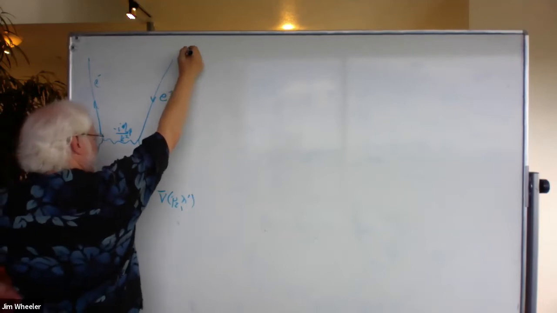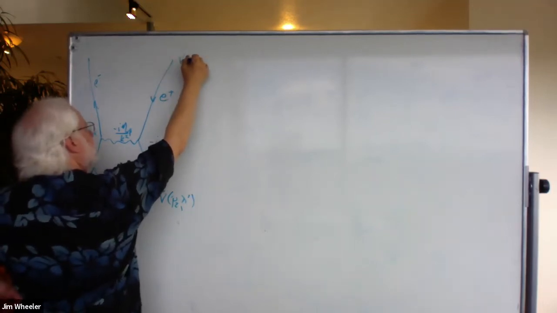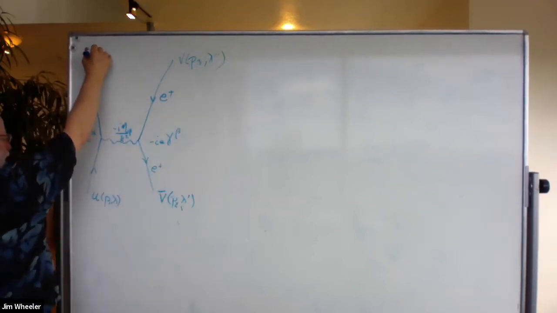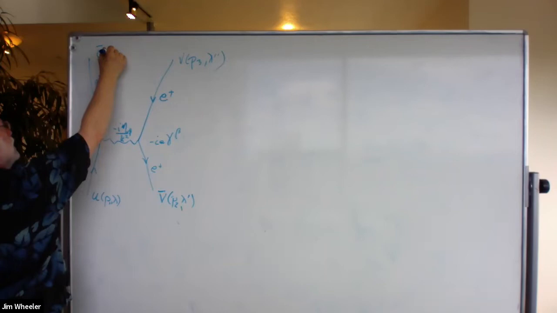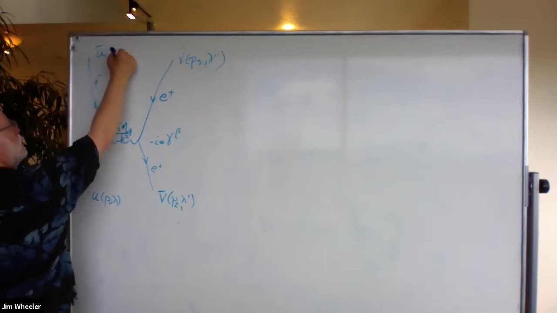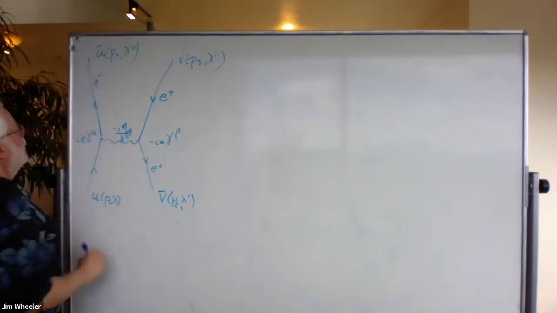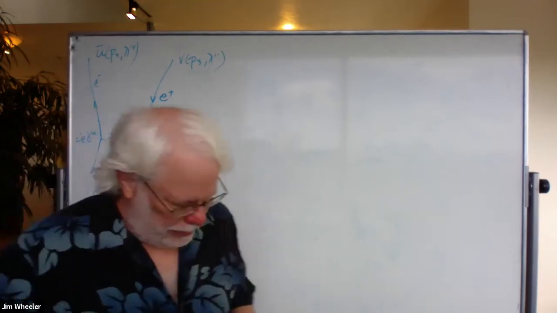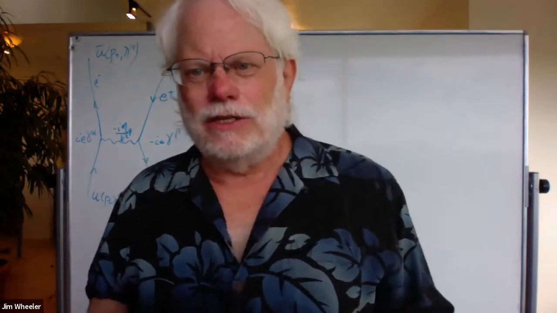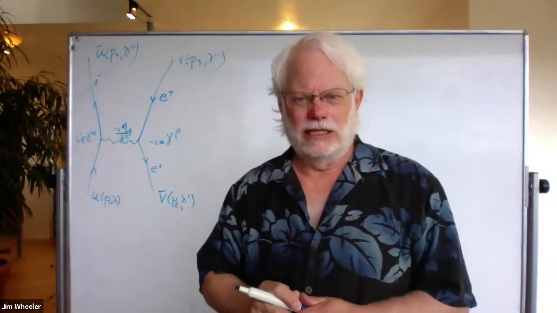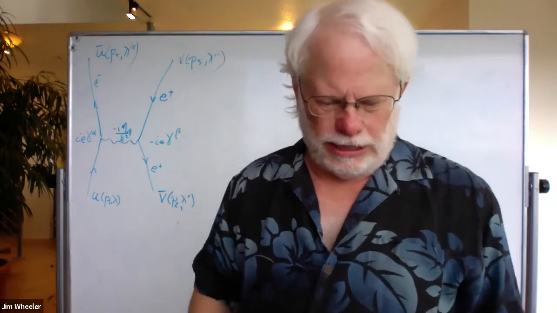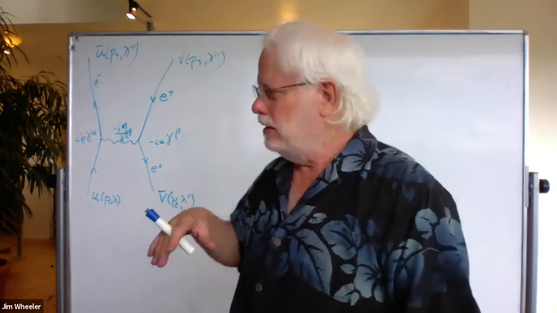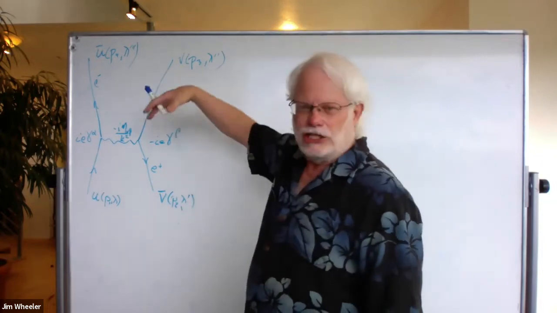Then here we have a v of, I'll call it p3 and lambda double prime. And here we're going to have a u bar of p4 and lambda with way too many primes on it. Something like this. So we have to label the vectors associated with the outgoing states. For the spinors, it's the basis spinors. For a photon, it's going to be either the polarization or the conjugate of the polarization.